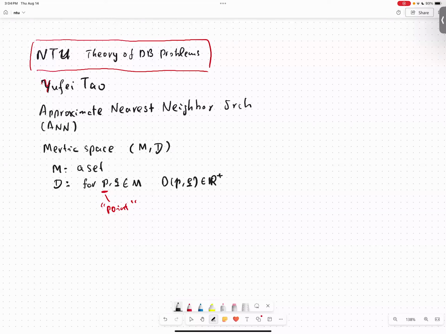If P and Q are strings, you can define the distance to be the edit distance between those two strings. If P and Q are images, you take your favorite similarity function to gauge how similar or dissimilar those two images are. So you can utilize a lot of different distance functions.